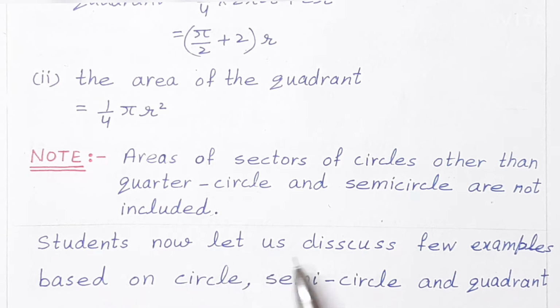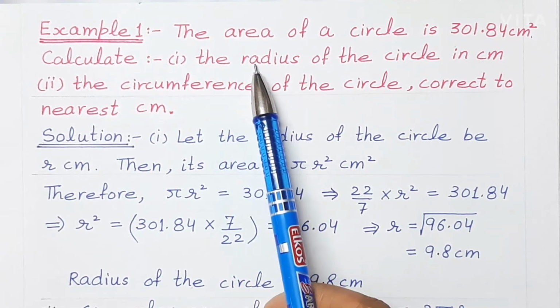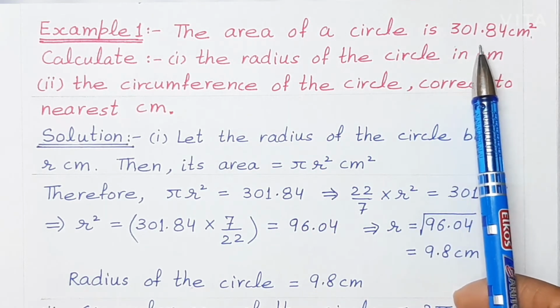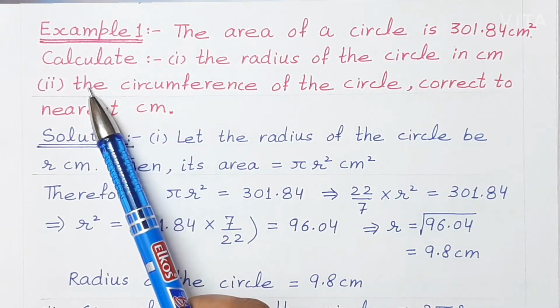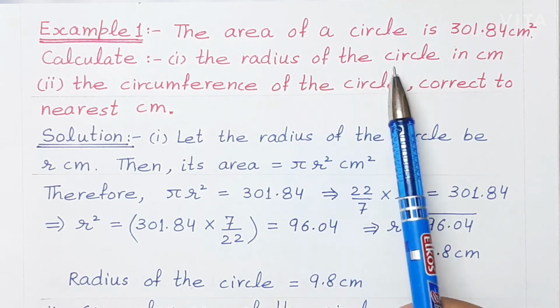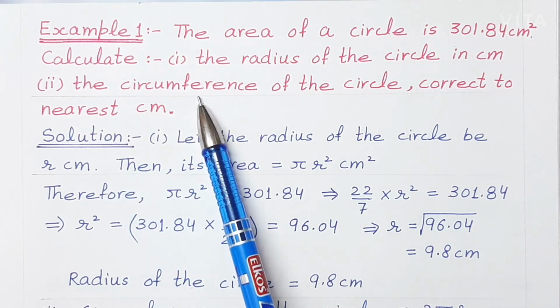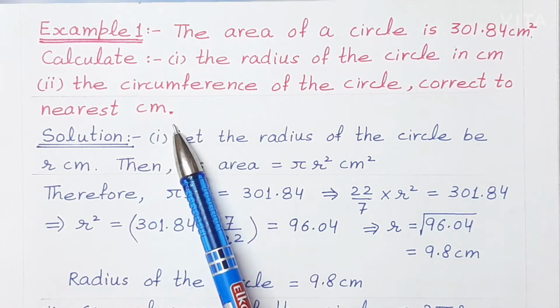So now let us discuss few examples based on circle, semicircle and quadrant. So example number 1: the area of a circle is 301.84 centimeter square. Calculate the radius of the circle in centimeter and the circumference of the circle correct to nearest centimeter.